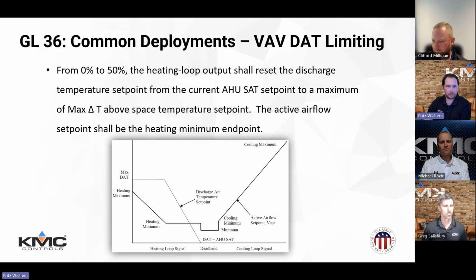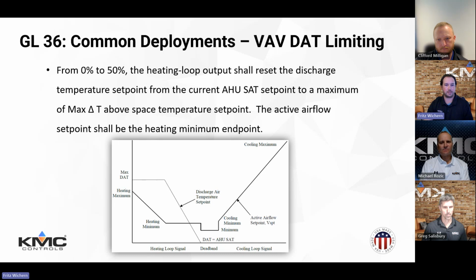So, traditionally, right, as cooling demand increases, flow increases to satisfy the cooling requirement, min flow to max flow. And in reverse, as the heating demand increases, the VAV actuator position would increase to heating minimum set point, and the heating valve would modulate to satisfy demand.